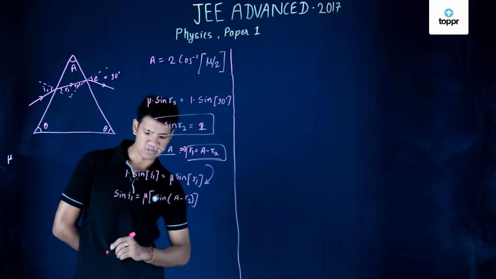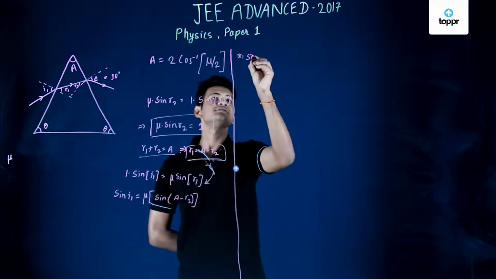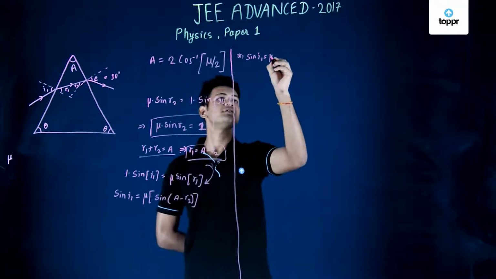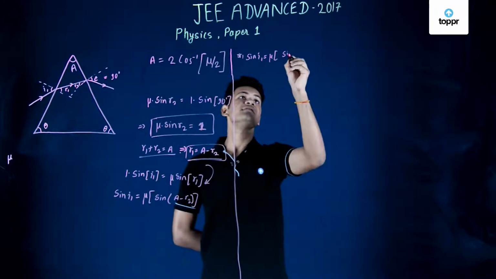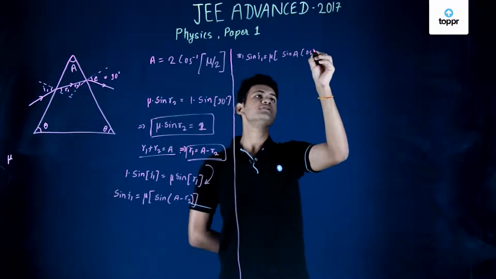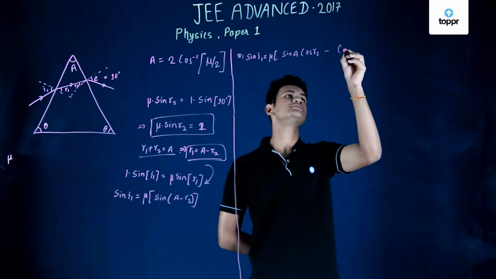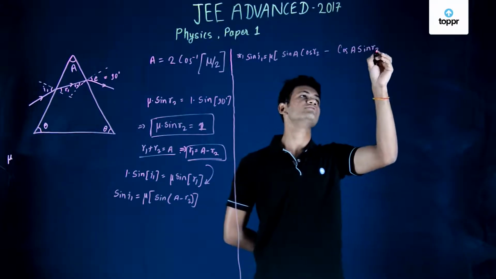Now expanding this value, sine of I1 is equal to, using the trigonometric identity, mu times sine A cos R2 minus cos A sine R2, right?